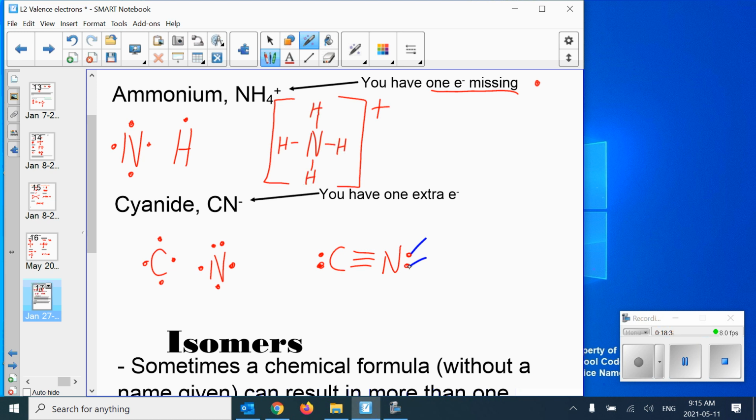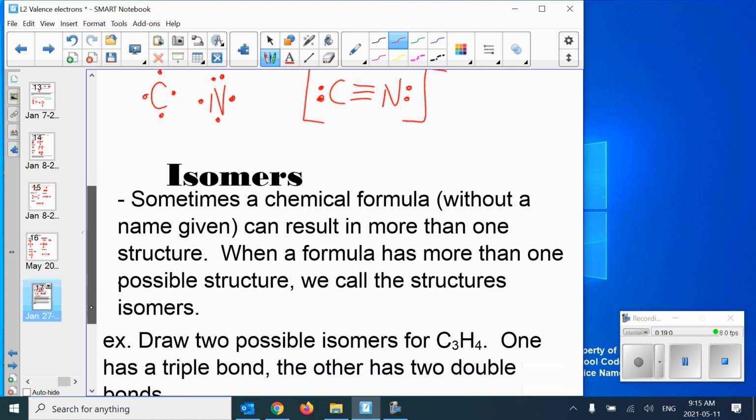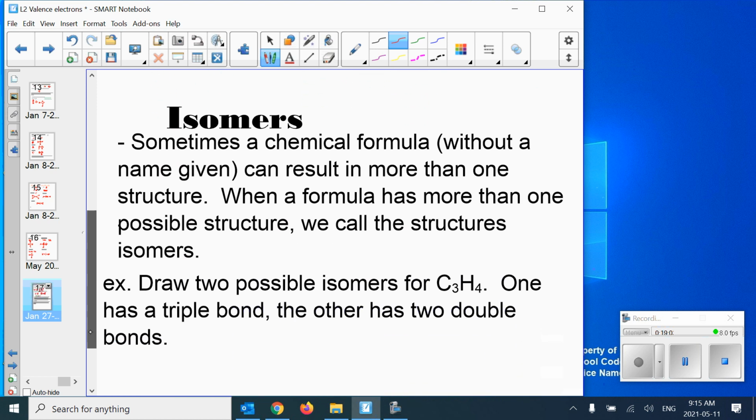That's 8. Same with the carbon. 6 electrons involved, shared with the nitrogen, the triple bond, plus the 2 lone electron pair. That's 8. We have to indicate that we added an extra electron with the square bracket and minus. That's things with charges. The last thing is, pause the video and write down isomers.